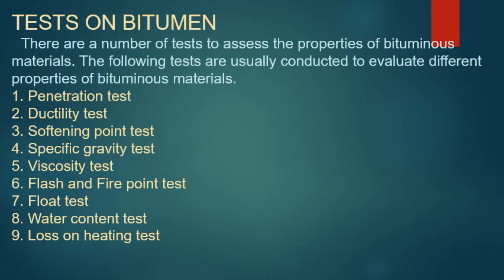And the flash point test is at 175 degrees Celsius. Like this, I have just given the temperature ranges from say minus 4 to minus 10 degrees to 175 degrees Celsius. Like this, the tests vary for various temperatures. We are conducting different types of tests on bitumen to see how it behaves.